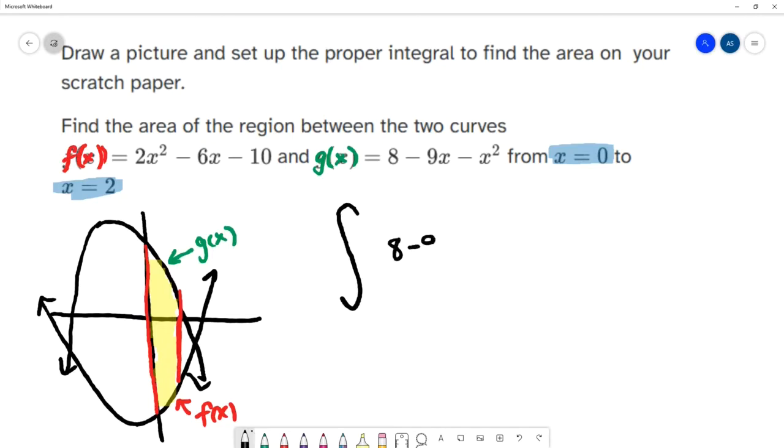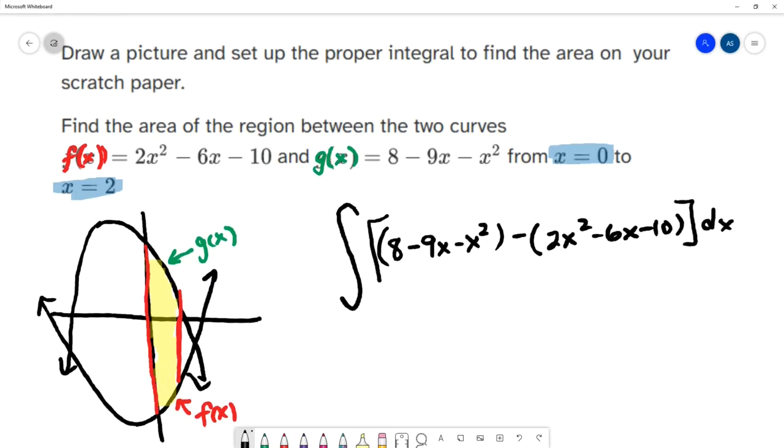So we'll have 8 minus 9x minus x squared, that's our top curve, minus our bottom curve of 2x squared minus 6x minus 10. And we need to put our bounds from 0 to 2. So this is the proper setup. We've got our top curve minus our bottom curve inside the integral, and our bounds going from 0 to 2 along the x-axis.